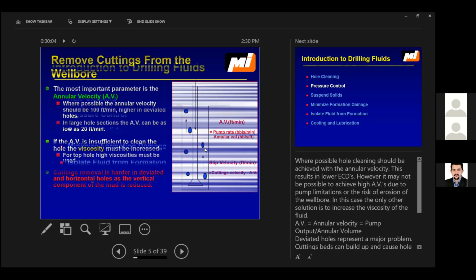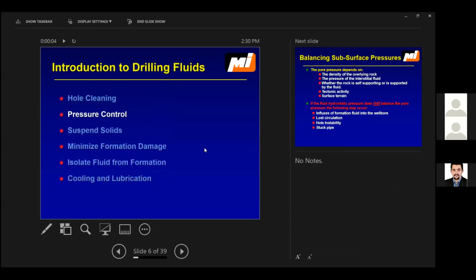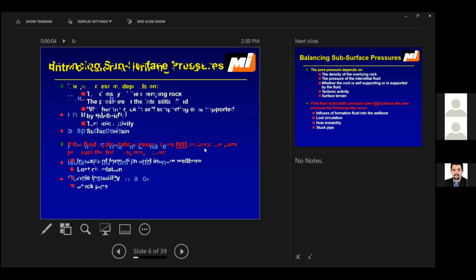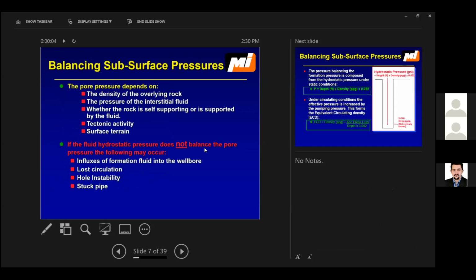Let's go to the second topic, balancing subsurface pressures. How can you balance the subsurface pressure? It depends on the density of the overlying rock, the pressure of the interstitial fluid, whether the rock is self-supporting or supported by the fluid, and also tectonic activity and the surface terrain.